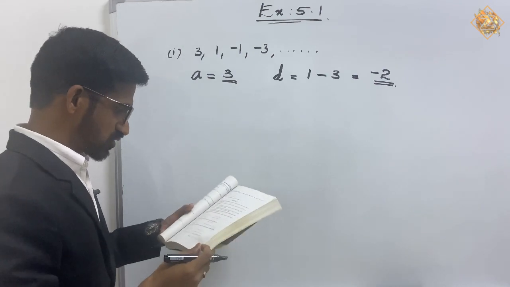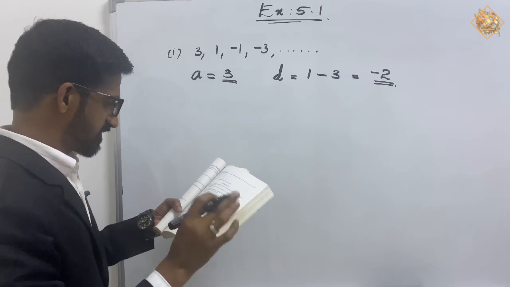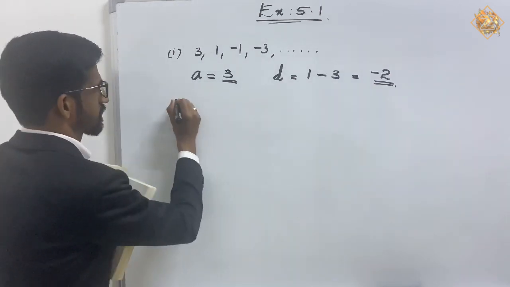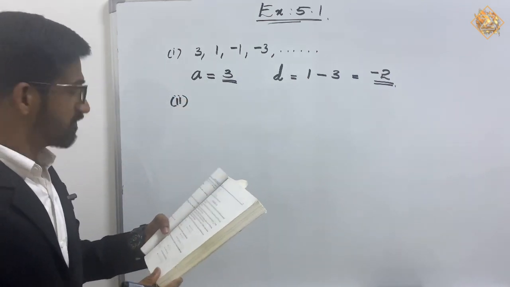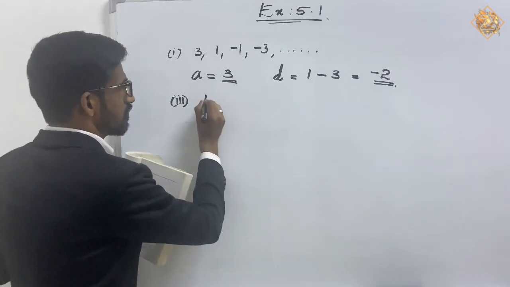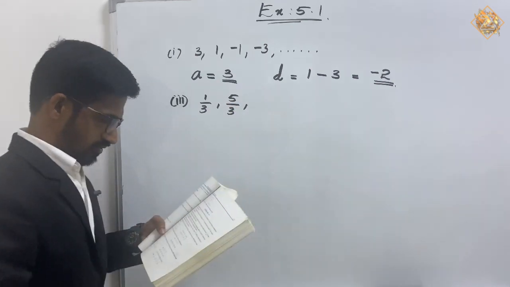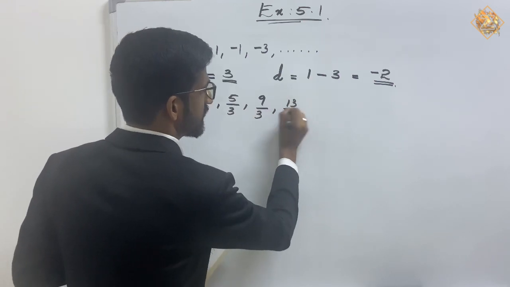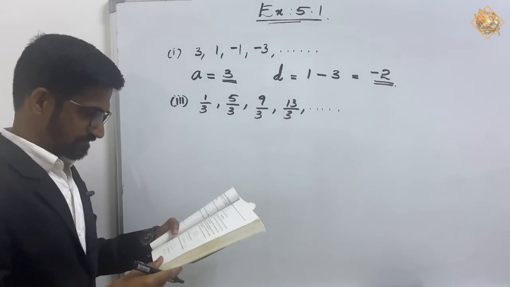Now when we look into the second question, similarly, minus 5, minus 1, 3, 7, etc. Can you try that yourself, students? Just try. Okay, now we will look into question number 3, that is 1 by 3, 5 by 3, 9 by 3, 13 by 3, etc. Can you try?